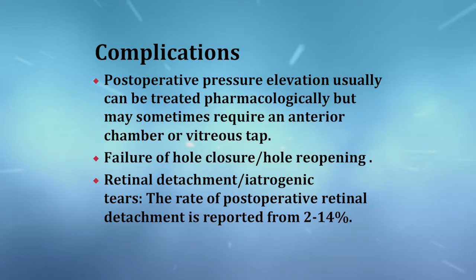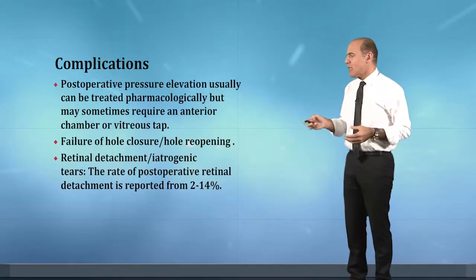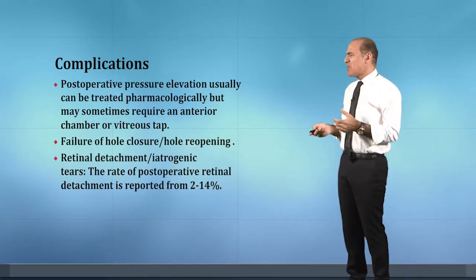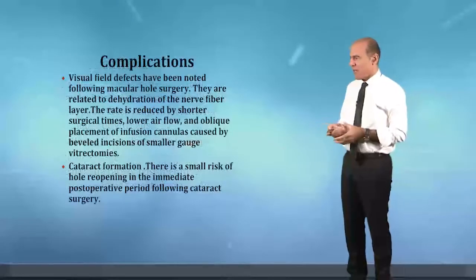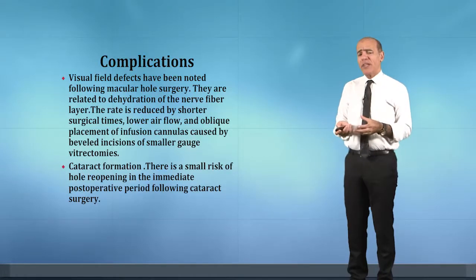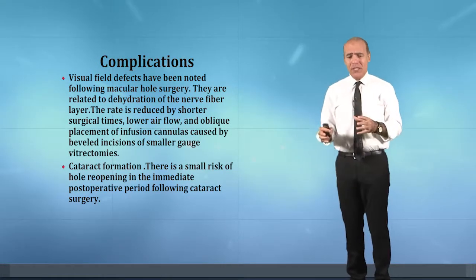Also, post-operative pressure elevation can happen, and can be reduced pharmacologically. For failure of hole closure or hole reopening, I can repeat my surgery or modify my way of tamponading. Retinal detachment, if it happened, has a reported post-operative rate from 2 to 14% after macular hole surgery. Visual field defect: some people have complete closure of the hole but have unexplained visual field defect.